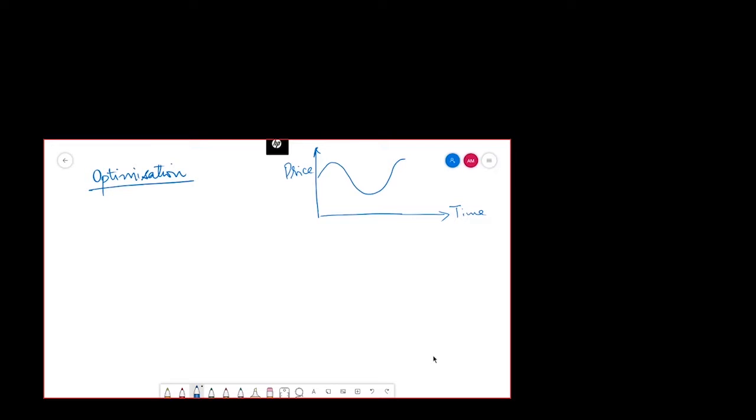Let's say this point is A and this point is B. So naturally point A is the best time to sell the house and point B is the best time to buy. So the optimum may vary as per the requirement.